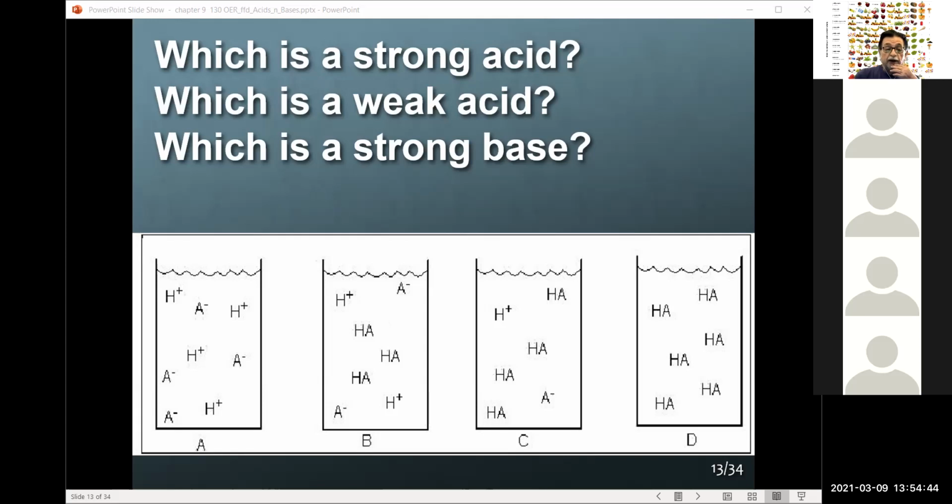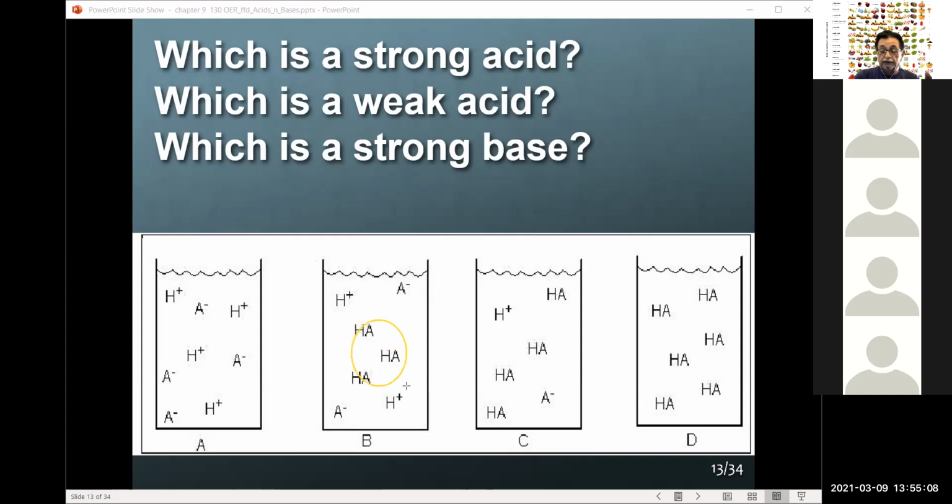Exactly, A would be correct, because if you look at A, literally all of the HA is dissociated. You don't have any HA intact. A weak acid could be B and C, because in B and C we do have some HA still intact.